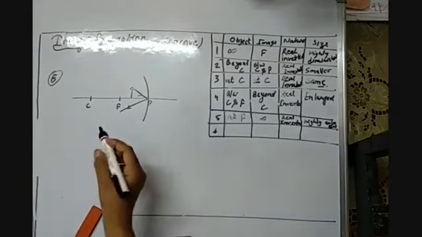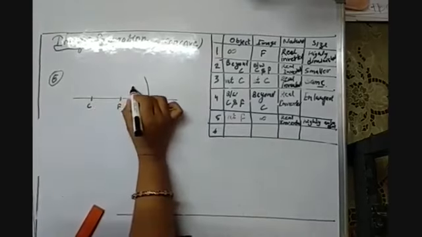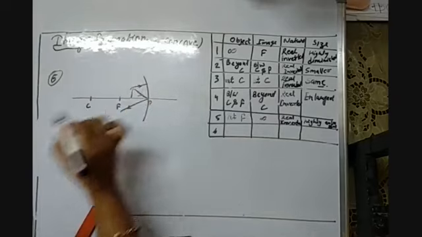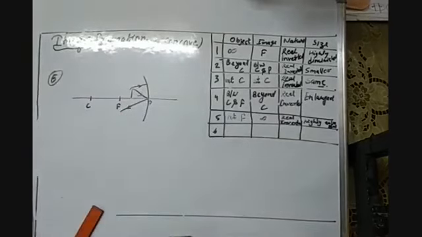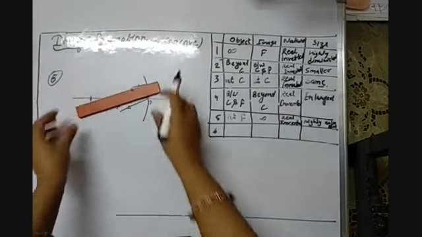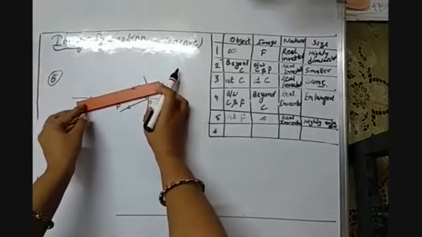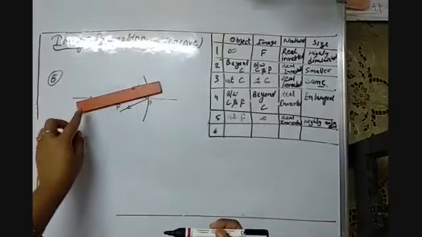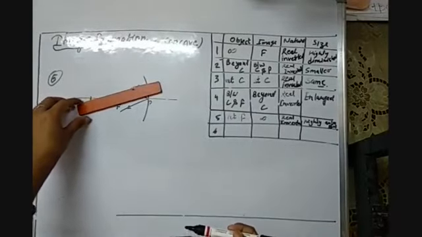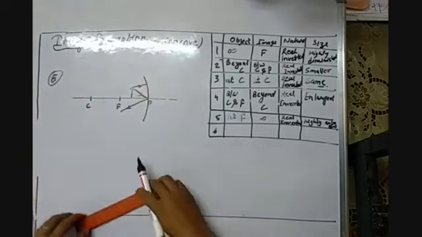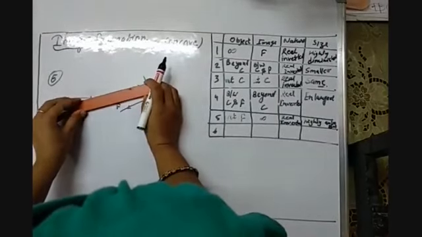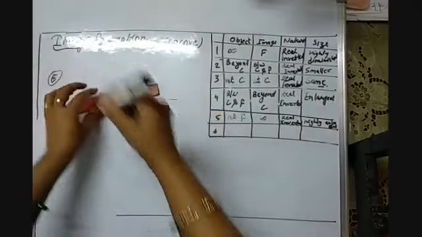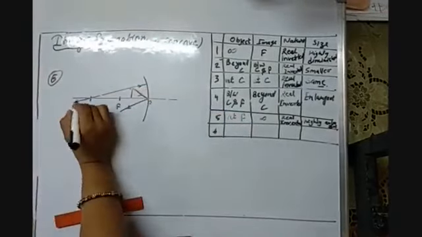The second ray is the one that falls on the spherical mirror in such a way that it passes through the center of curvature. You can see it here. For the spherical mirror, this radiation seems to be coming out from the center of curvature, so it will retrace its path and pass through the center of curvature after reflection.